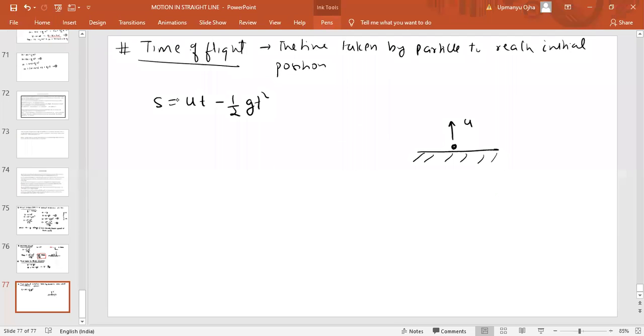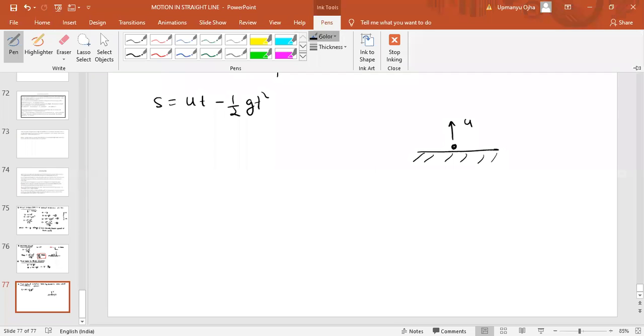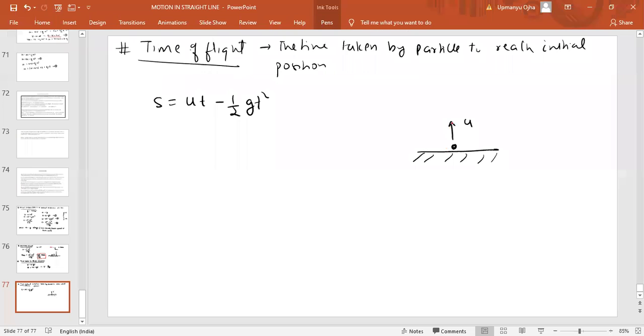So when you throw the object upward, it will go to some maximum height, h max, then it will come back to the initial position. Time of flight is basically the time taken by the particle to reach the initial position, which means when it comes back to the initial position, what is the displacement of the object? Zero. Yes, very good.